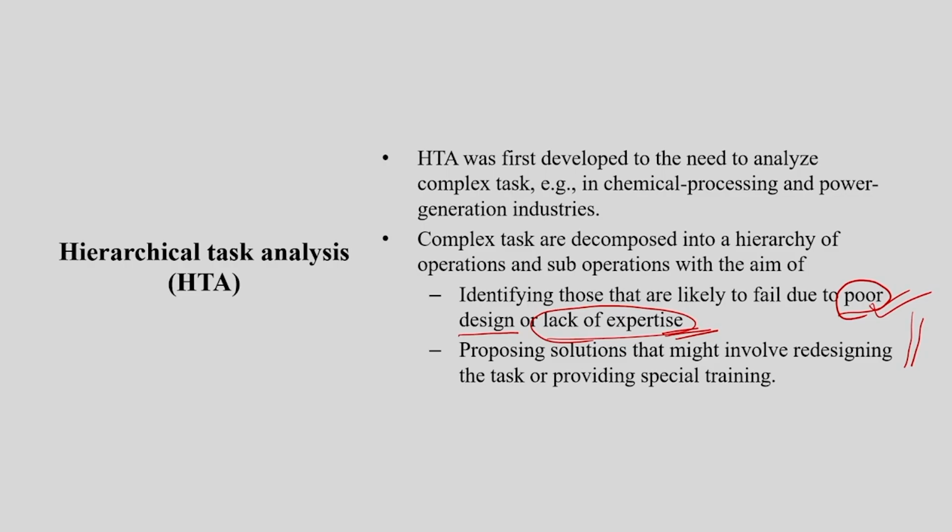Whenever we are talking about hierarchical task analysis, one very important thing we need to understand is the hierarchy present in that particular task. And how do we do that? We are going to explain it.